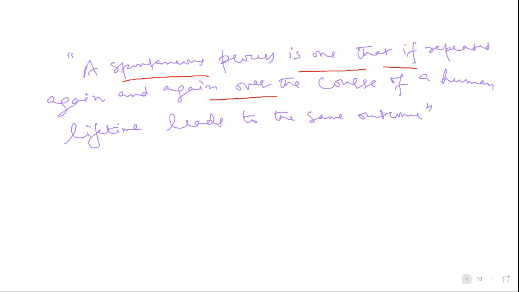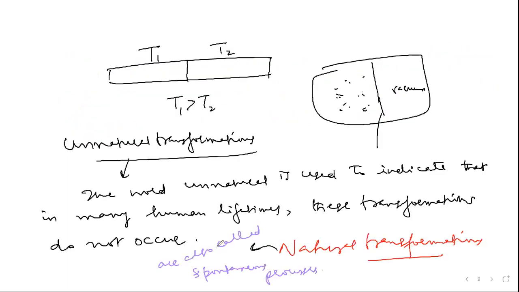So you can understand from these definitions, we said unnatural is used to indicate that in many human lifetimes, these transformations do not occur. So that means we do not say that these unnatural processes cannot occur.